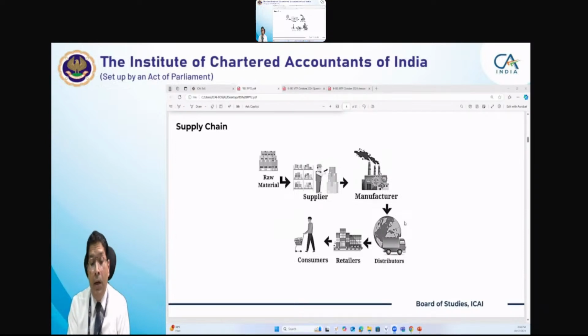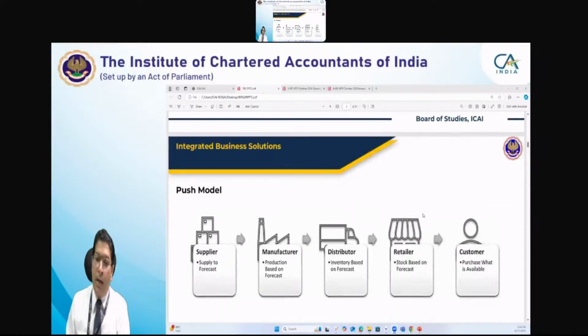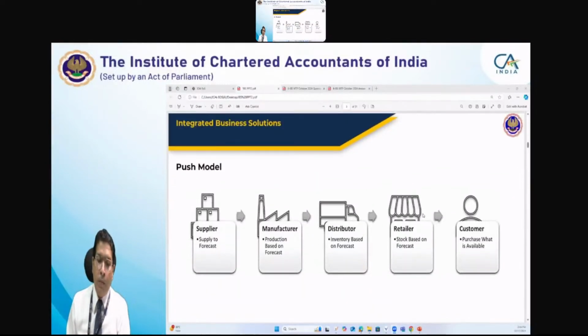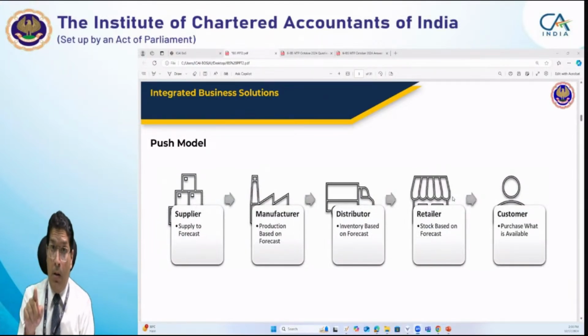Any disruption can lead to delay, higher costs, and ultimately create dissatisfaction among customers. There are two models of supply chain. First is push and second is pull. In the push model, products are manufactured based on anticipated demand.